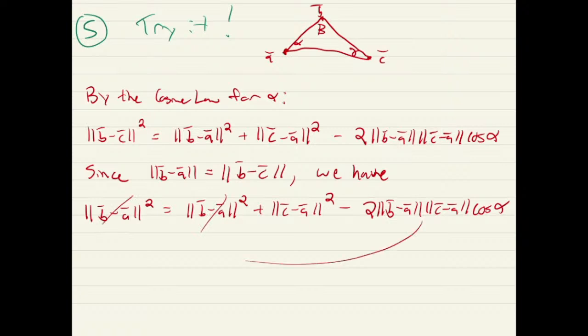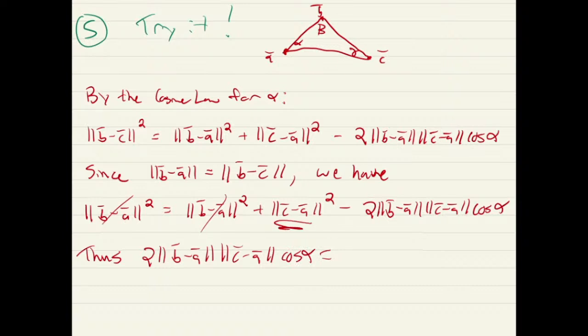I'm going to go ahead and move this term to the other side. And I can say thus, we get, if I move that to the other side, here's what I get. Sorry, not cosine yet, C minus A, cosine of alpha. And what is left there? It looks like just C minus A squared, huh? All right. I think I can simplify even further.